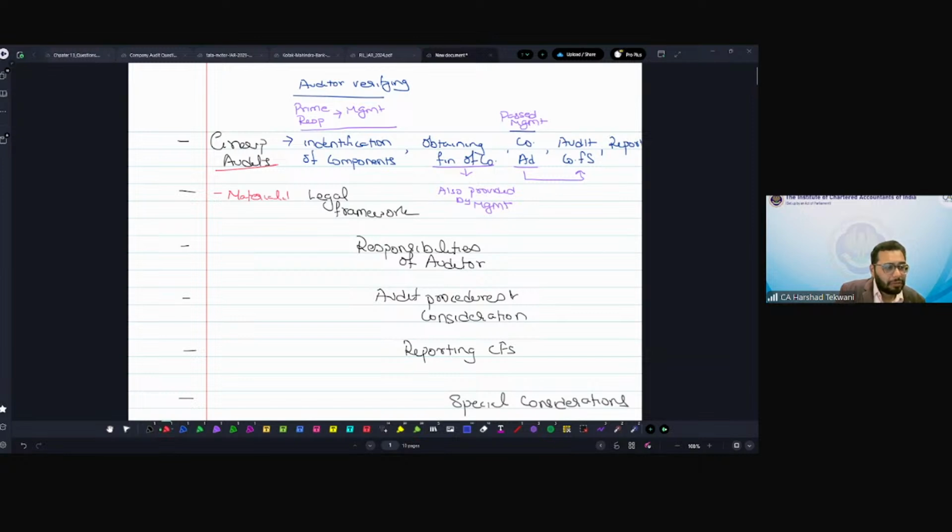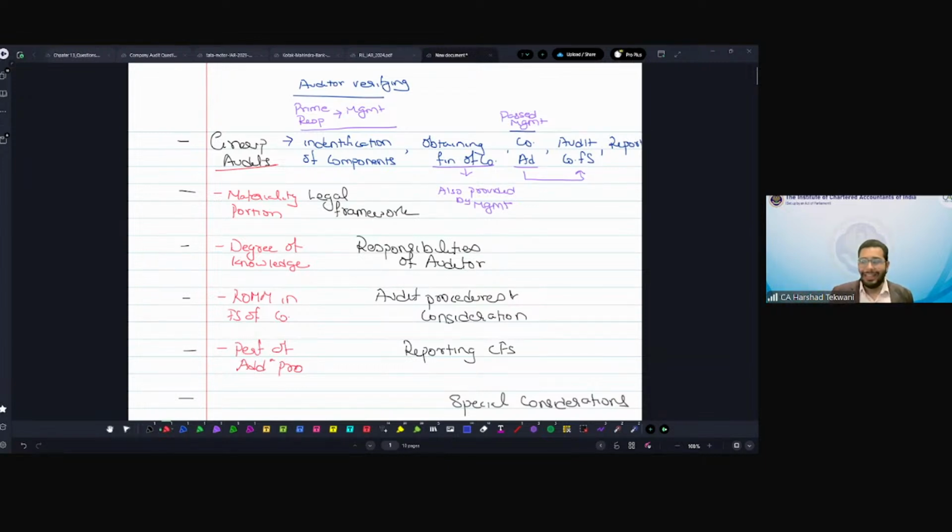Number two, principal auditor's degree of knowledge. Number three, risk of material misstatement in financial information that is audited by components, so risk of material misstatement in FS of components. And number four, performance of additional procedures, that is, how many additional procedures the component auditor has to perform for the purpose of the principal auditor.